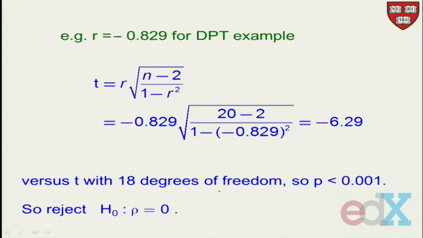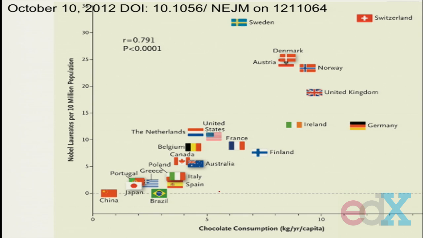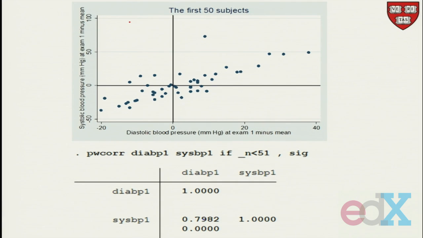In this case, n minus 2 was 18. Student's t. You may have noticed that they actually calculated an r here of 0.791, and they put a p less than 0.0001 as the significance value for this one.